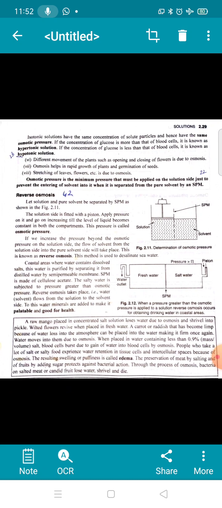If all the minerals are removed from that water, first of all the taste will not be that good, and it will cause a lot of deficiencies in our body. Reverse osmosis was asked last year, osmosis and osmotic pressure was asked this year, so I don't know what will be asked next year.